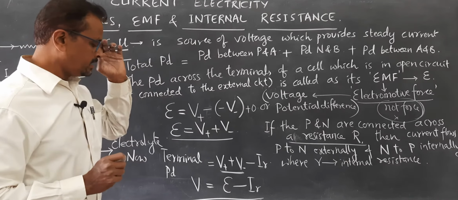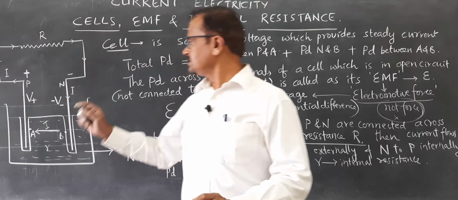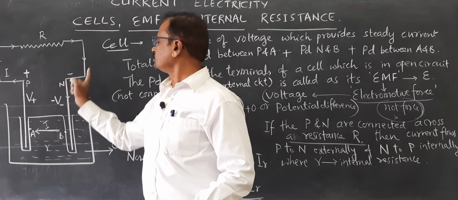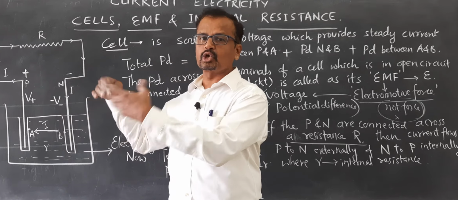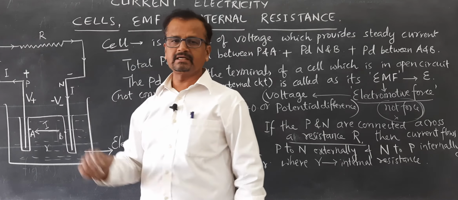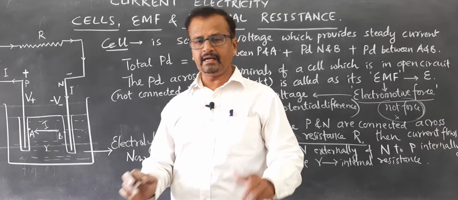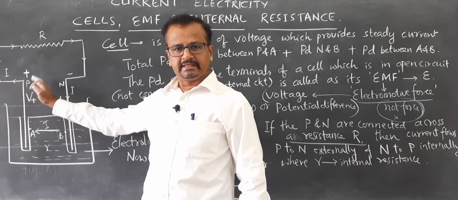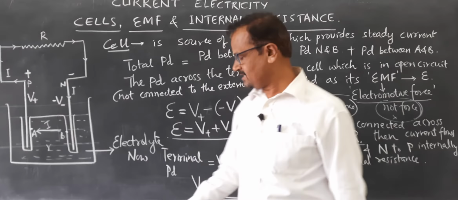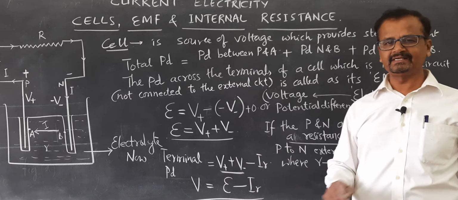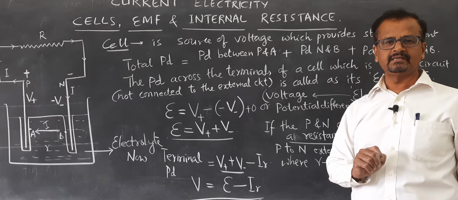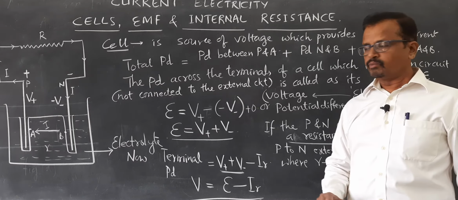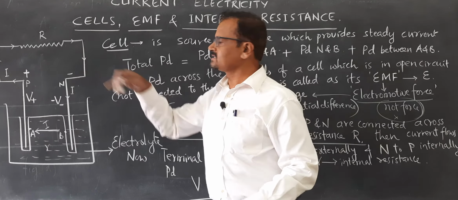So, definitely terminal potential difference is the potential difference between the two terminals of the cell when the cell is closed, when it is connected to the external circuit. Definitely the terminal potential difference in this case is less than the EMF of the cell, right? When the circuit is open, suppose you break the circuit, what happens?